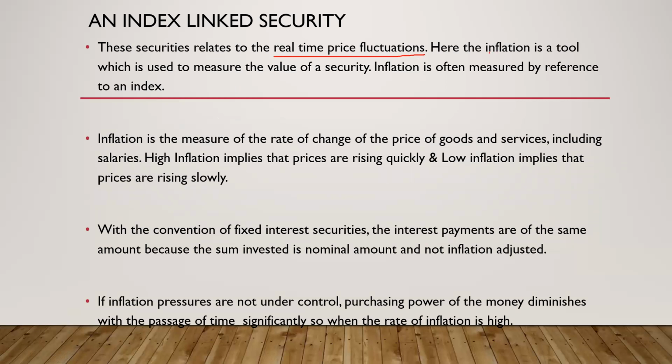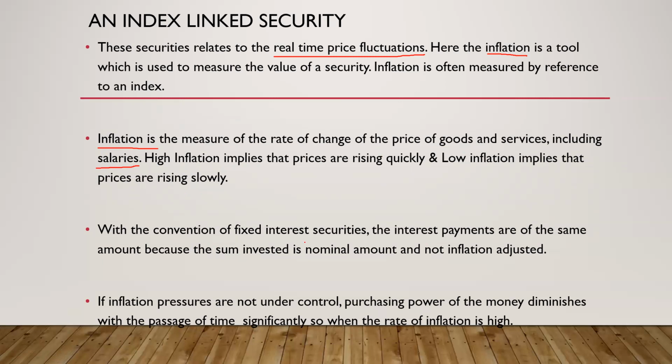Here the inflation is a tool which is used to measure the value of a security. Inflation is often measured by reference to an index. Inflation is a measure of the rate of change of the price of goods and services, including salaries. High inflation implies that prices are rising quickly, and low inflation implies that prices are rising slowly.